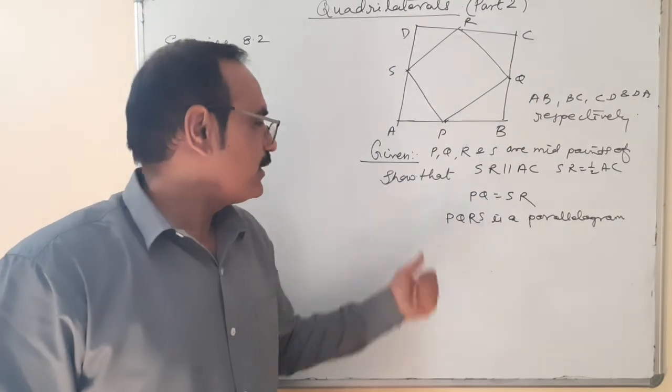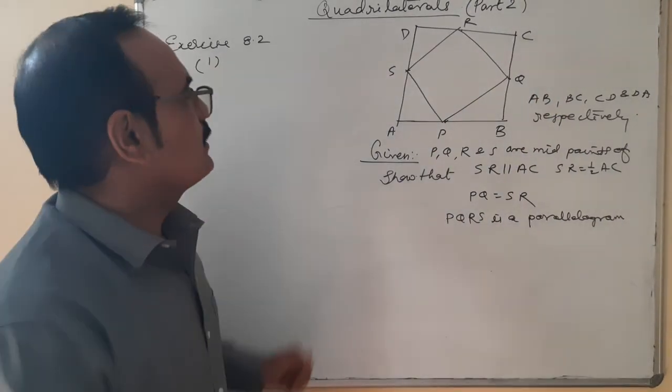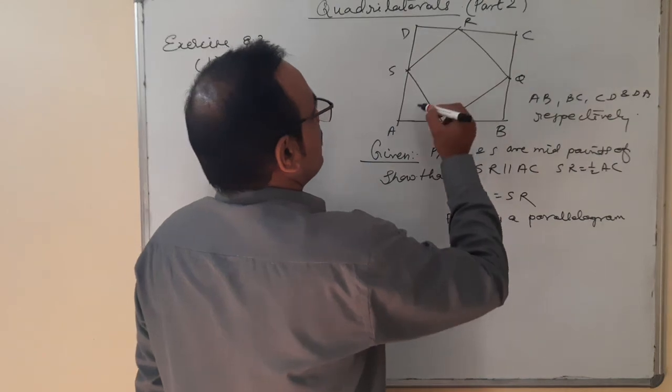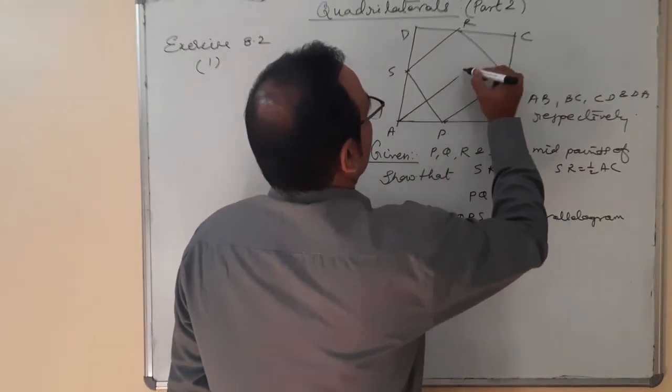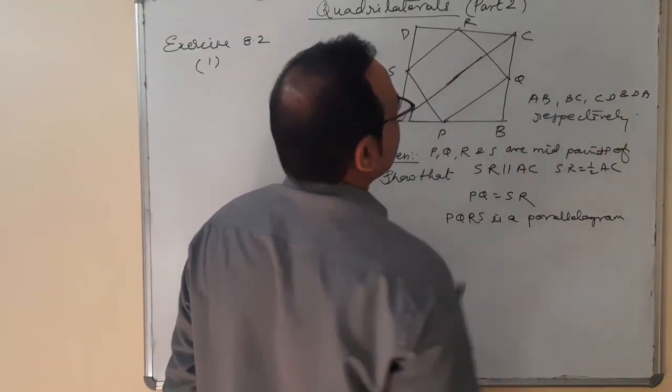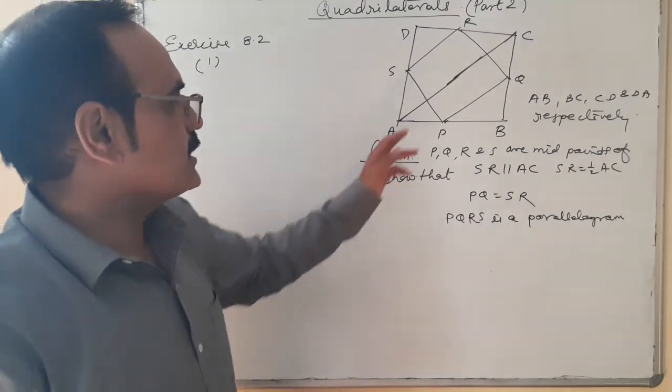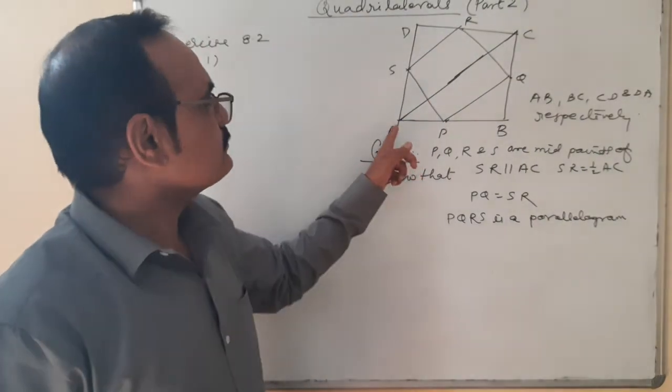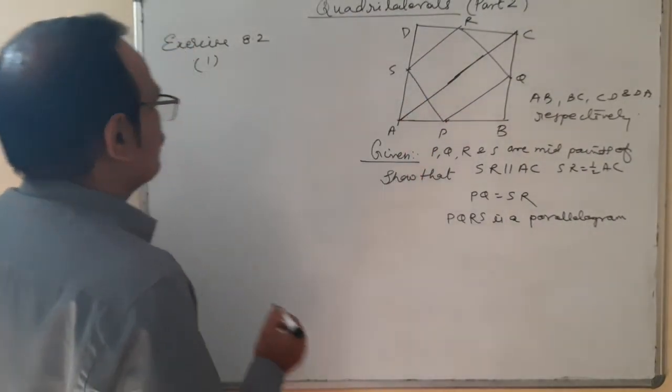This is the given part. We are going to show that SR is parallel to AC, so I can join A to C. Proof.